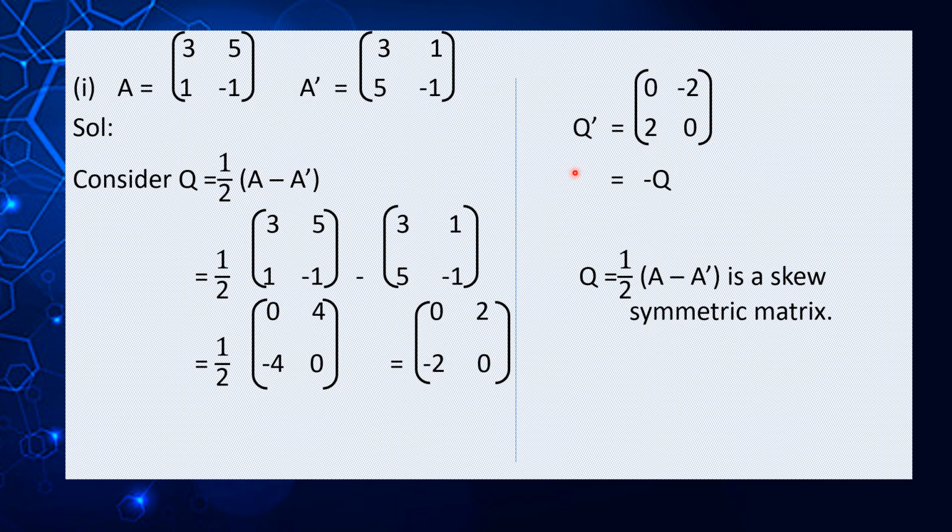Now find Q transpose, which is equal to 0, minus 2, 2, 0. When we compare Q transpose with Q, we will see that Q transpose is equal to minus Q, which would prove that Q, which is half of A minus A transpose, is a skew symmetric matrix.